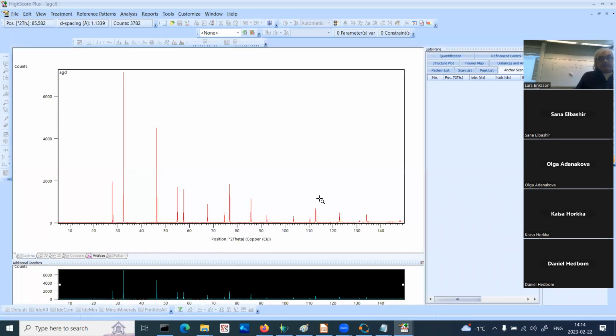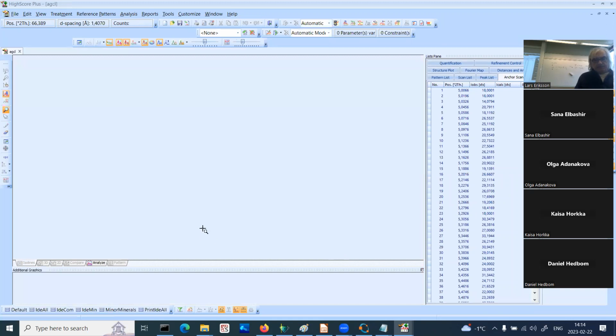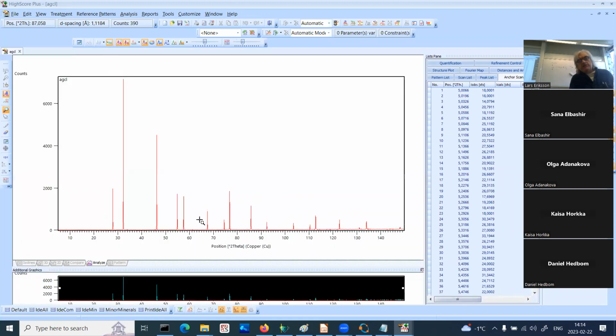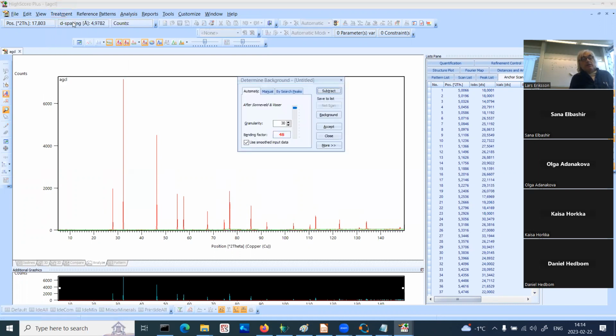And yeah, here it is. This looks perhaps like an excellent pattern. Let us go into treatment. HiScore requires us to determine a background, otherwise it can't.